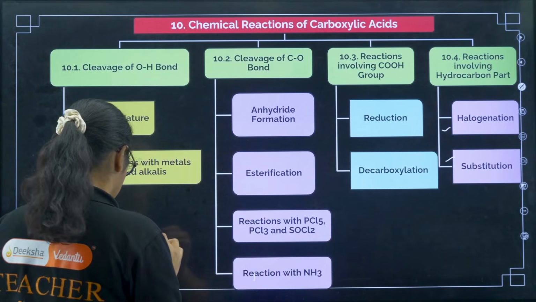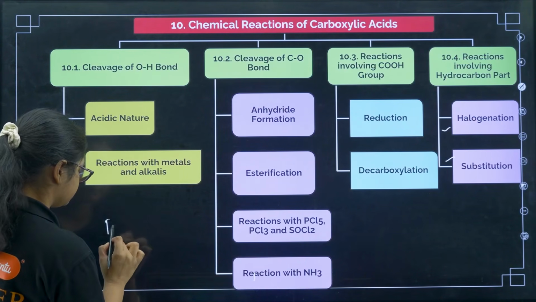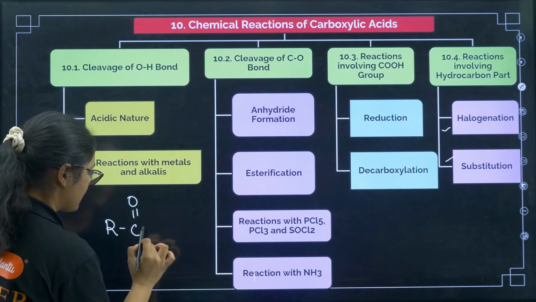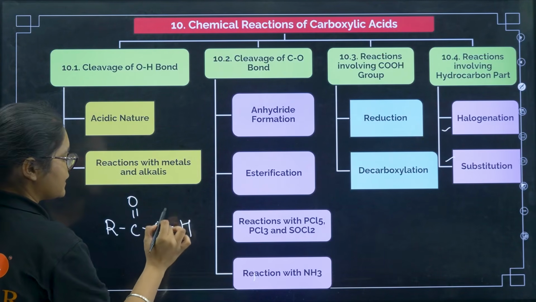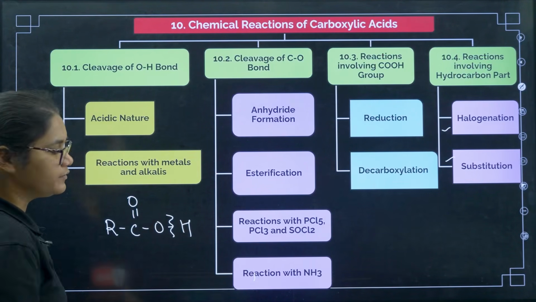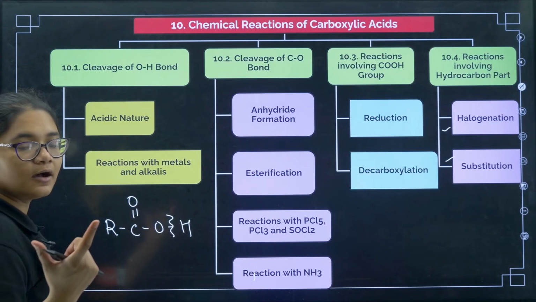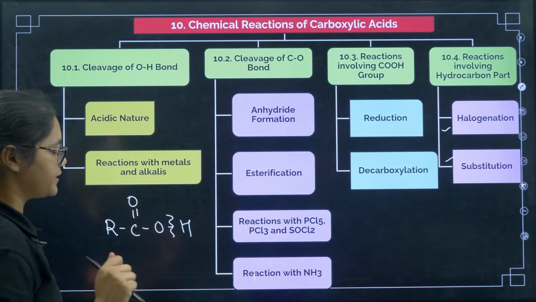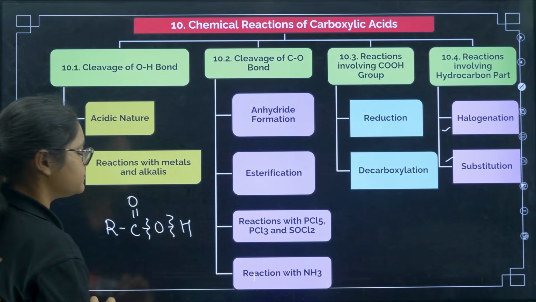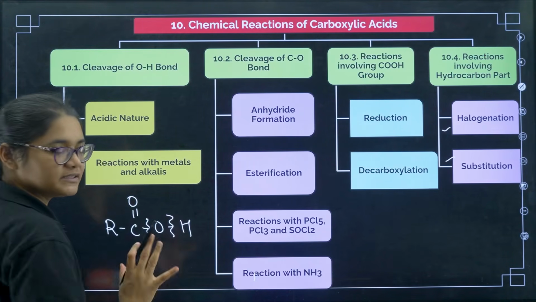See, if I draw the structure like this, the first category is where this OH bond is cleaving. You have reactions with metal, reactions with bases and acidic nature. The second one is where this C-OH bond is breaking, meaning this OH will be replaced with something.